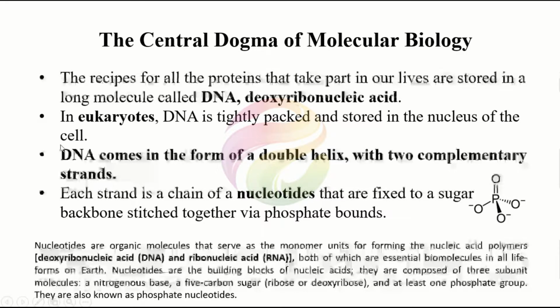In eukaryotes, DNA is tightly packed and stored in the nucleus of the cell. DNA comes in the form of a double helix; you will see DNA in the shape of a double helix. On the DNA molecule you will see sequences based on ATGCs, and ATGCs are the nucleotides, and nucleotides are the basis of the DNA.